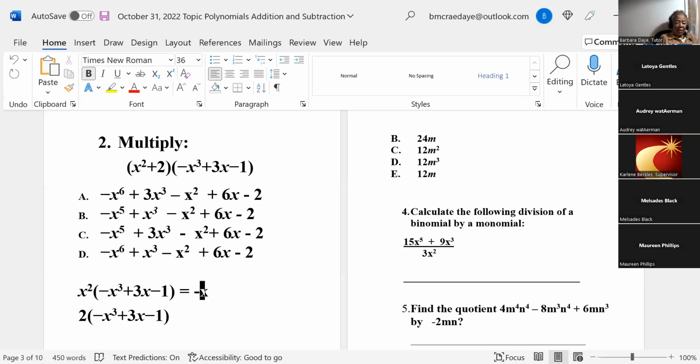Unlike signs multiply to give you negative. Minus times plus gives minus. Plus times minus gives minus. Plus times plus gives plus. Minus times minus gives plus. Pour that into your head, all right?